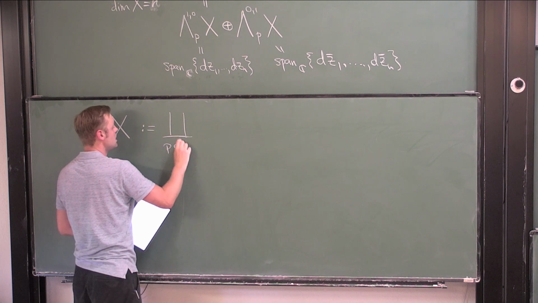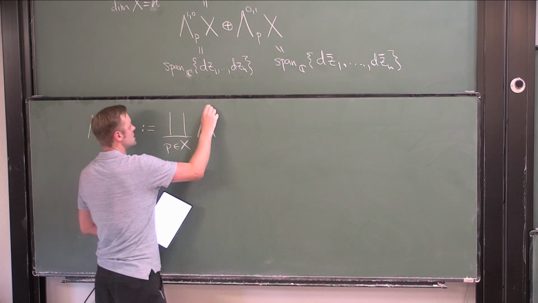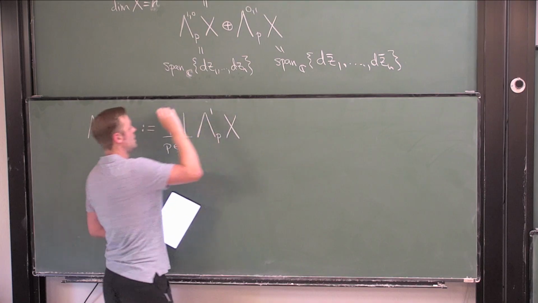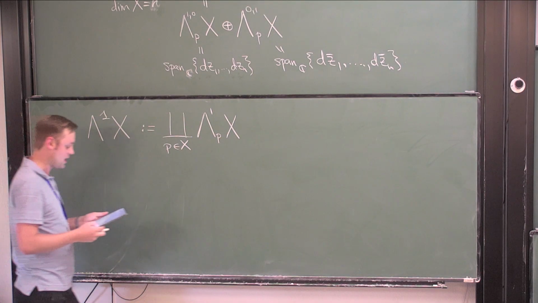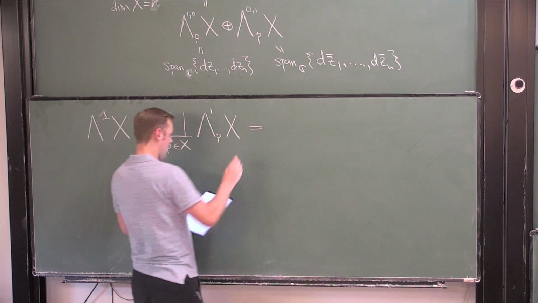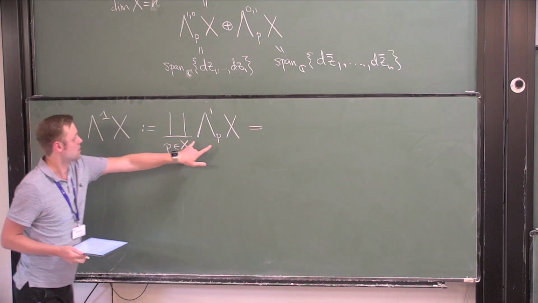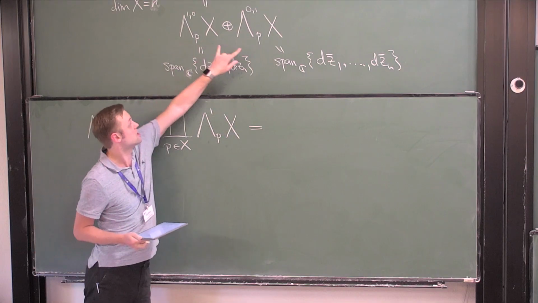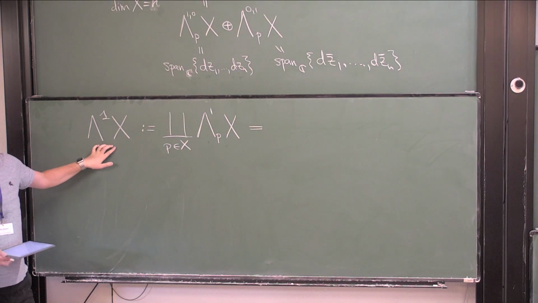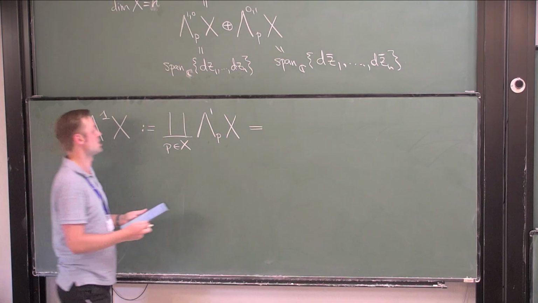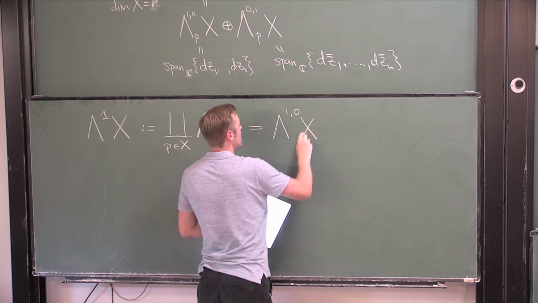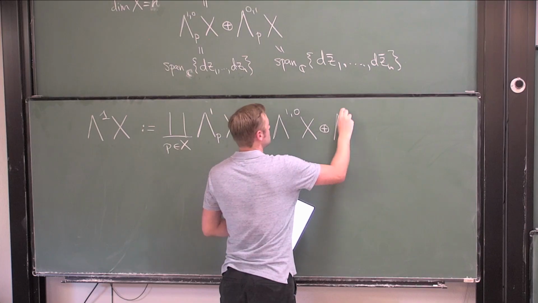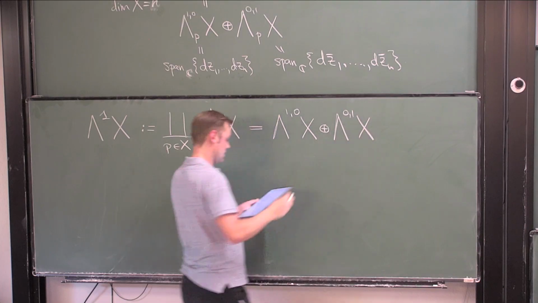For each p in x, I just take this complexified cotangent space. Because every fiber has this decomposition, the bundle has the corresponding decomposition as well. I'll write this decomposition in a suggestive way, just by reusing this notation like this.